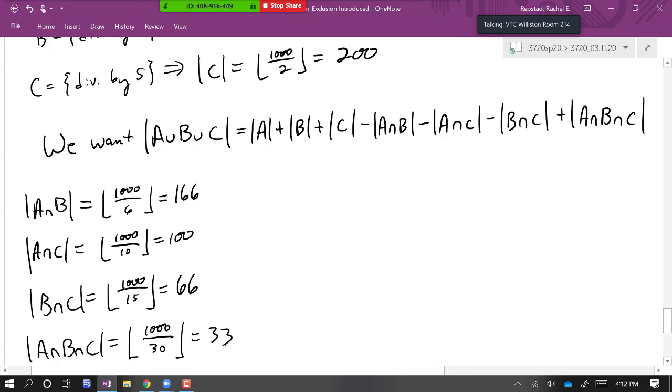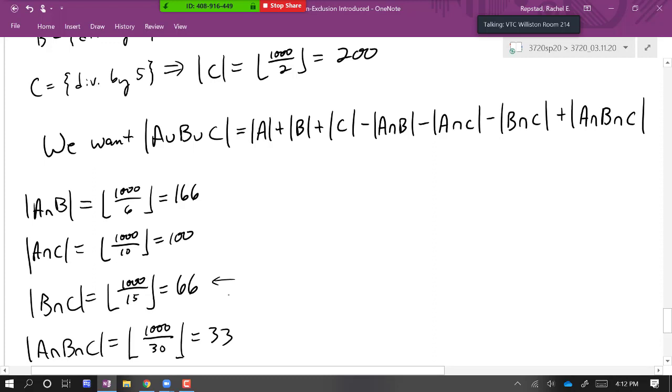One thing I just want to point out, it's a subtlety that we haven't really needed to deal with in this type of problem because of the numbers we were given. Let's look at B intersect C. We wanted all the numbers divisible by 3 and by 5, so that means it's divisible by 15. And we got that just by multiplying 3 times 5. The reason we could just multiply 3 and 5 together is because 3 and 5 are relatively prime.